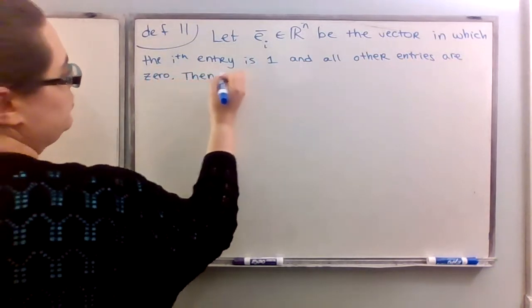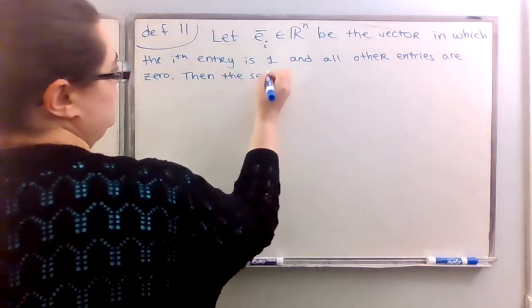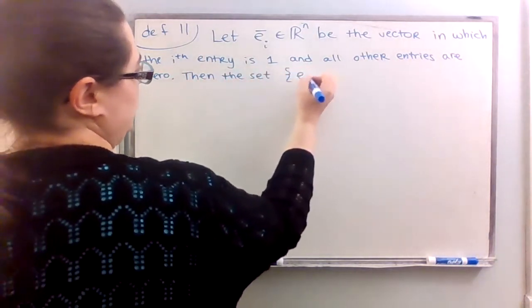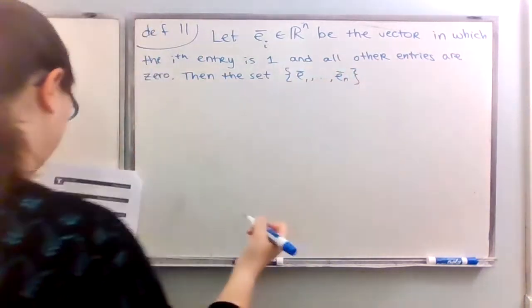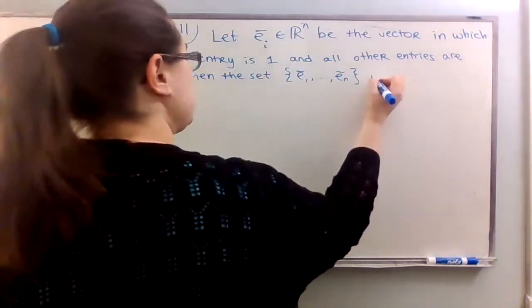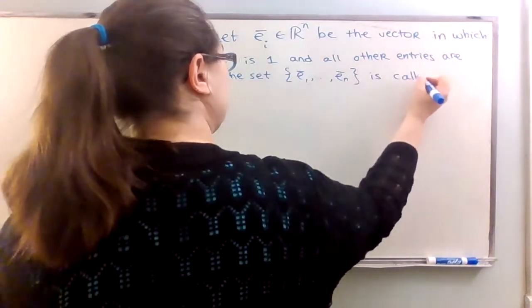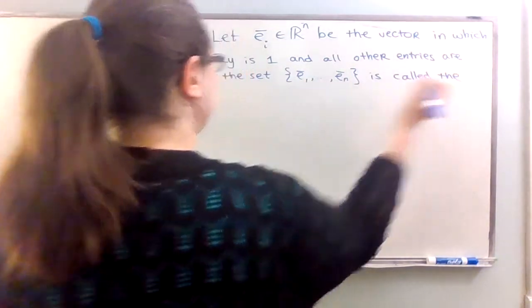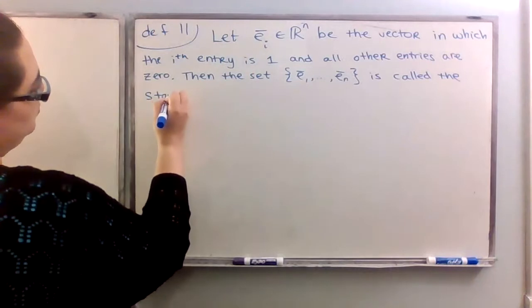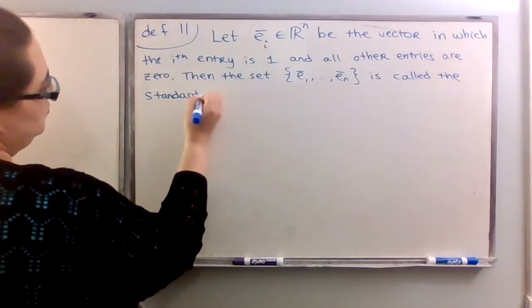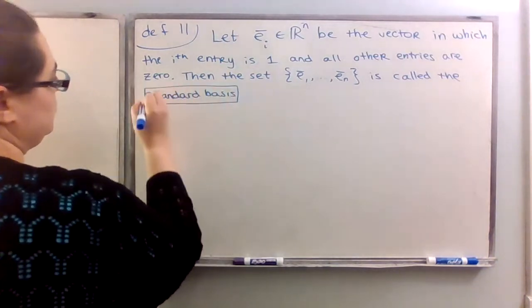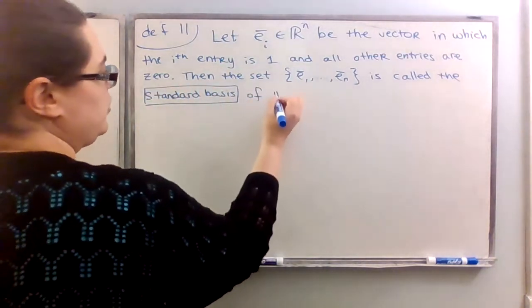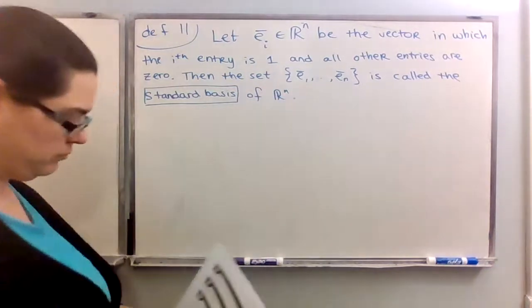Then the set e_1 up to e_n is called the standard basis of R^n.